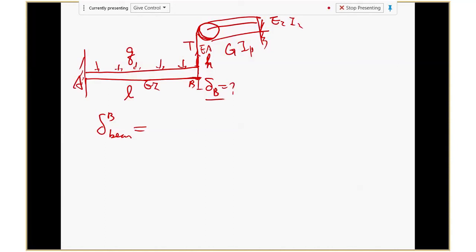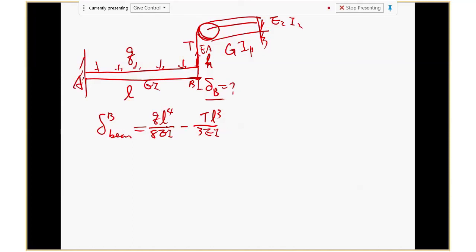from the distributed load. We had the equation there. I think it was 1/8 of QL^4 over 8EI. That's from the load Q. Now you also have a tension T there, so it will be minus, and P becomes T now: TL^3 over 3EI.